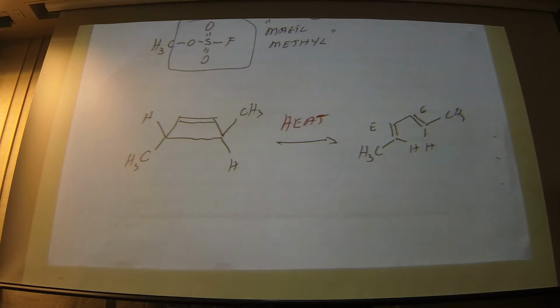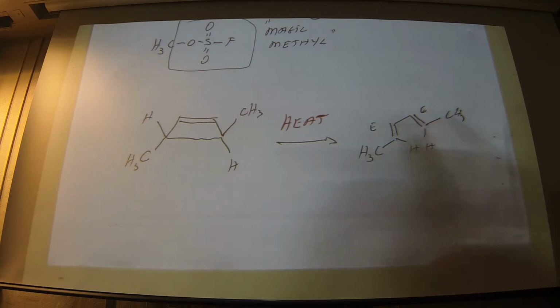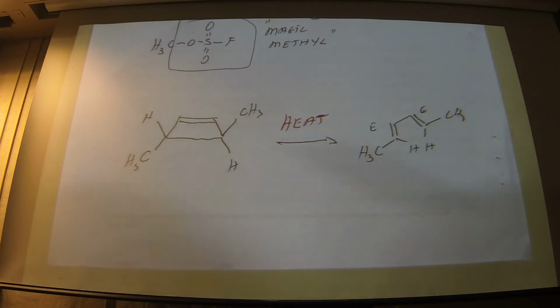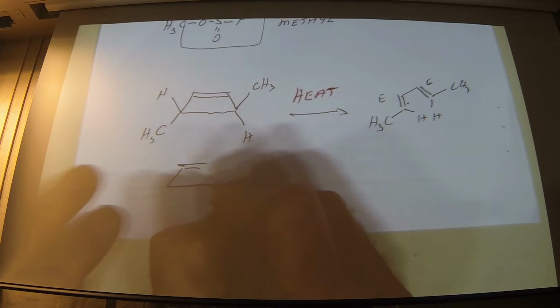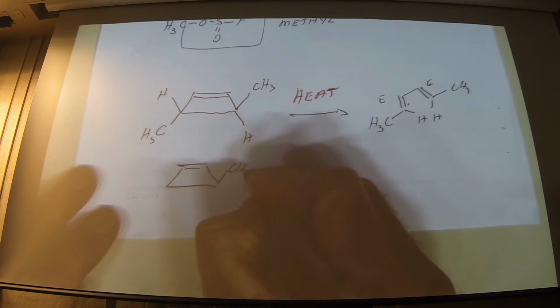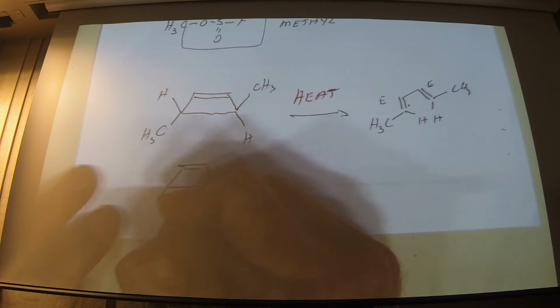So what do we know about alkene stability? Which one is more stable, the E or the Z? Other things being equal, the E. So this gave us the most stable compound. So the first thing to think of when you read about this is that we just ended up getting thermodynamic control. But the problem with that argument is that I can perform the same kind of reaction on the other isomer.